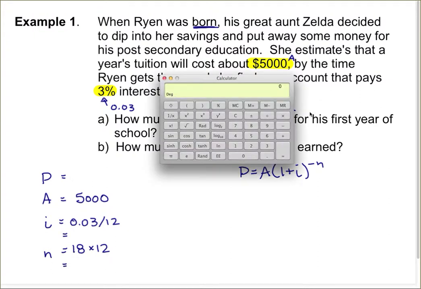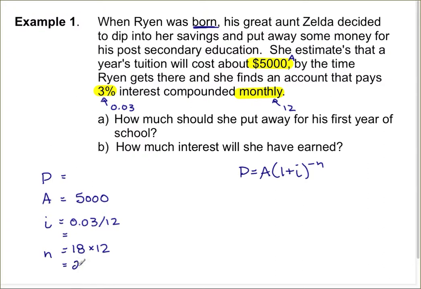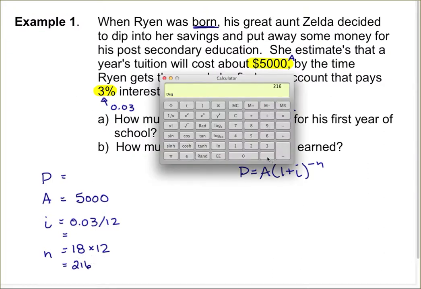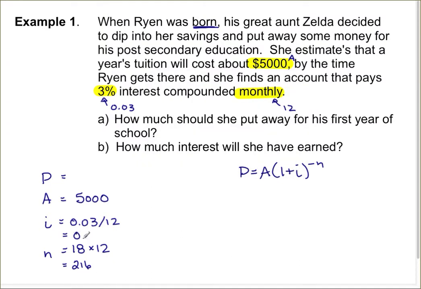I'm going to pull up my calculator. 18 times 12 is 216, so we're going to put 216 here. And this next one is 0.03 divided by 12, and that's 0.0025.